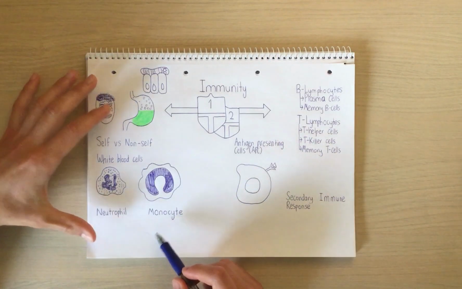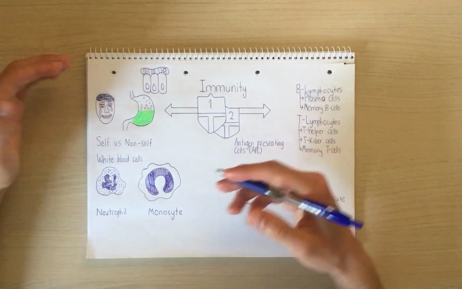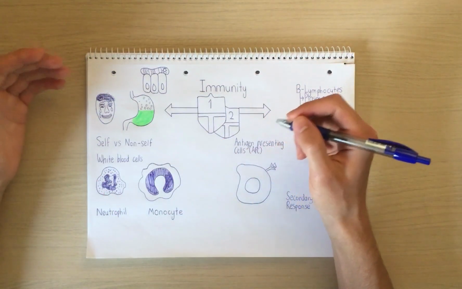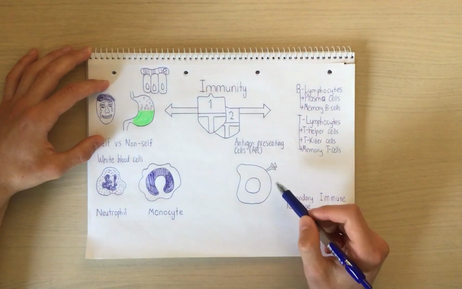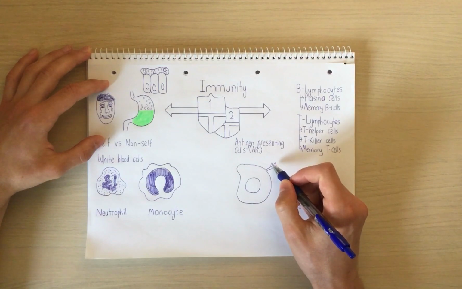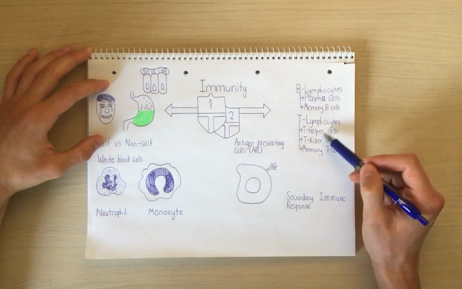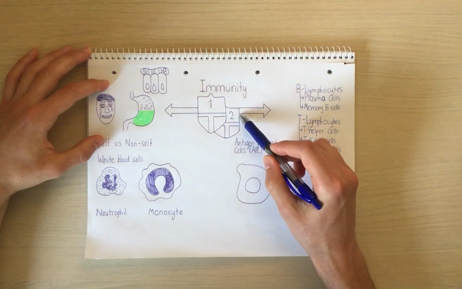The way that these macrophages present antigens is that they will break down the bacteria or pathogen, as we discussed in the process of phagocytosis, and then they will present those certain proteins or antigens on their cell surface membrane for T lymphocytes to come and be stimulated by in the second line of defense.